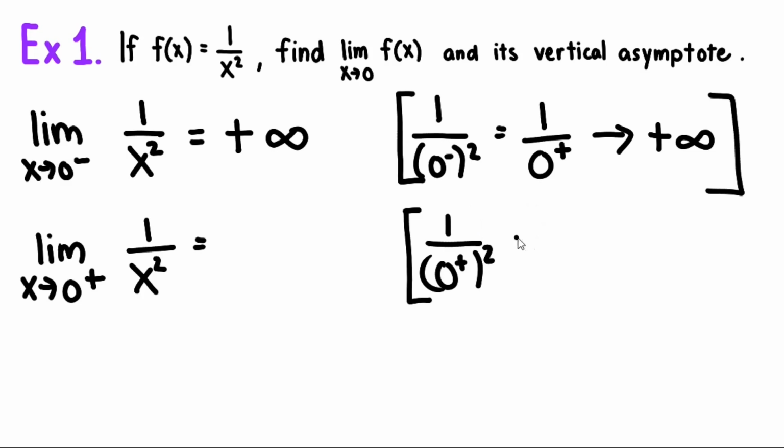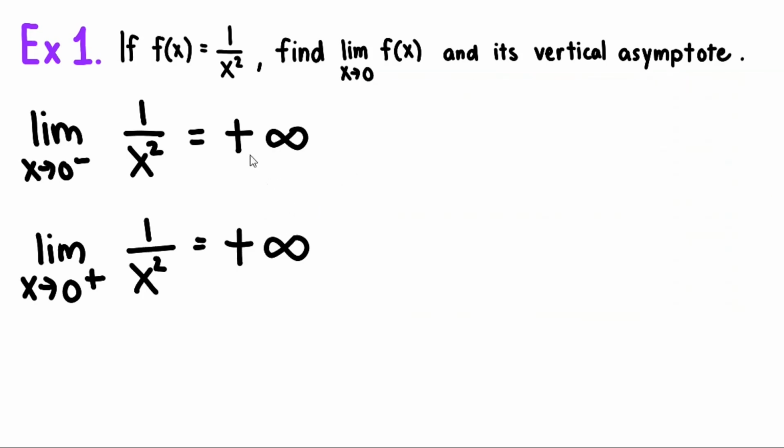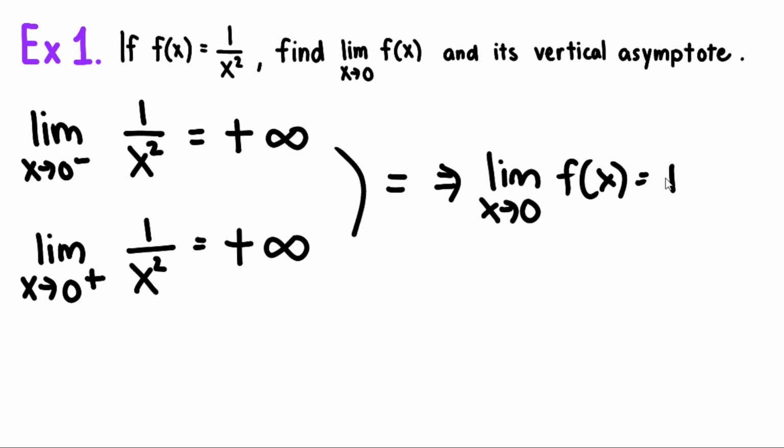So this one out here will still be equal to 1 over 0 with a positive sign. So similar to the first one, this approaches positive infinity. And so we conclude that the limit for this one is equal to positive infinity. Since these two are equal, we conclude that the limit as x approaches 0 of f of x is equal to positive infinity. So we have acquired the answer for this one.